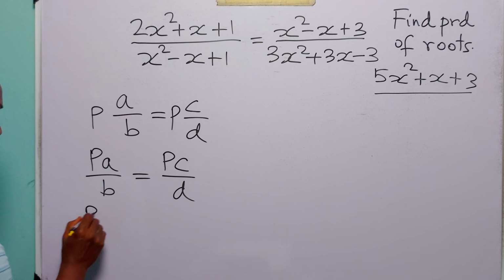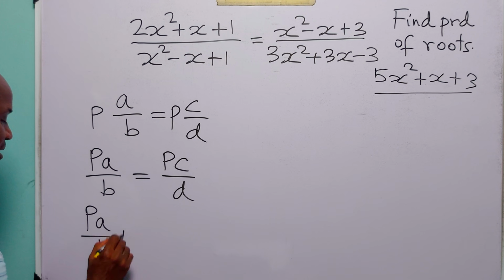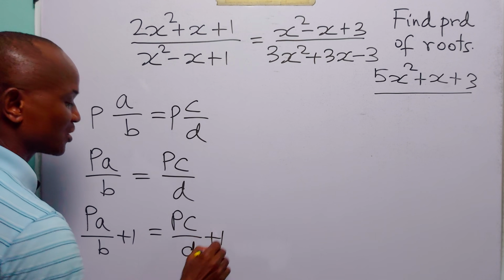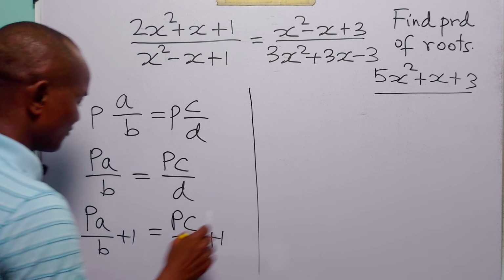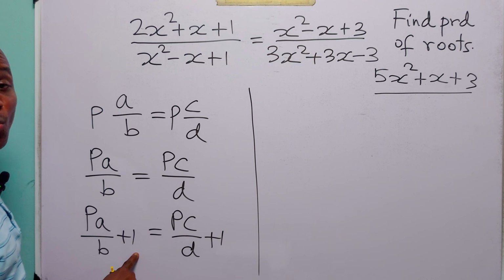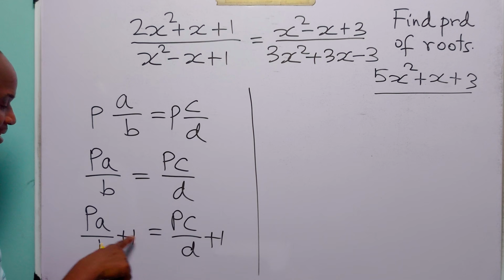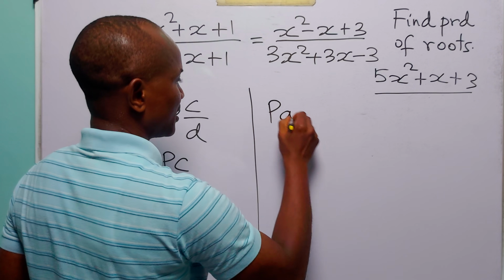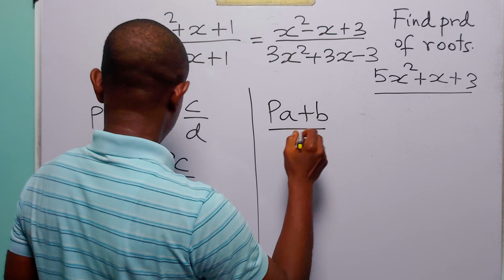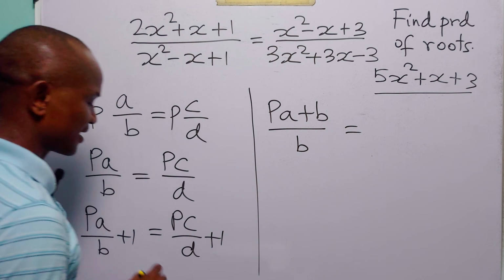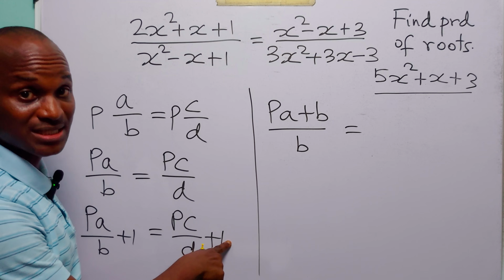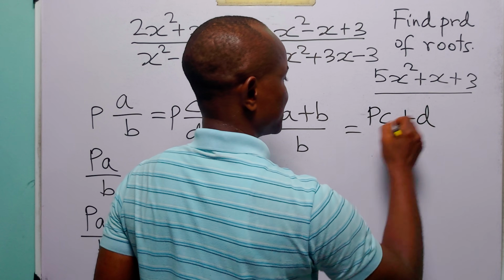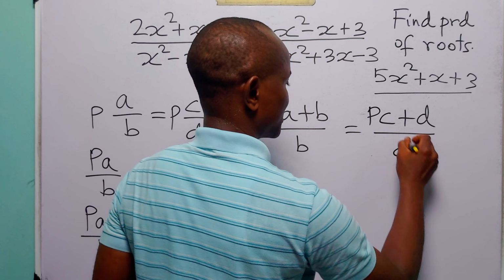So we have that PA over B plus 1 is equal to PC over D plus 1. Now, if we combine these two fractions into one single unit, we have B times 1, that is B, plus PA. So here we have PA plus B over B. And of course, this is equal to D times 1, which is D, plus PC. So we have PC plus D divided by D.